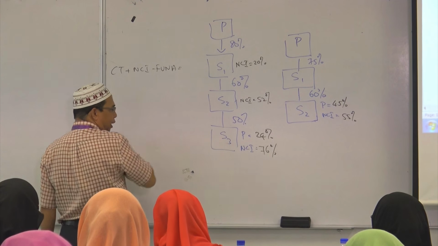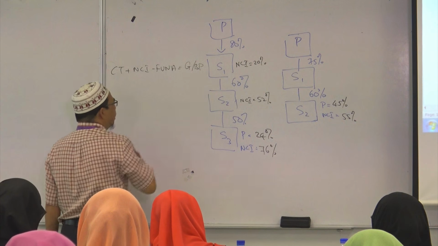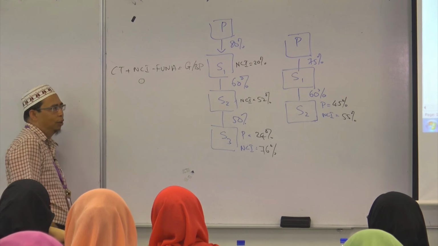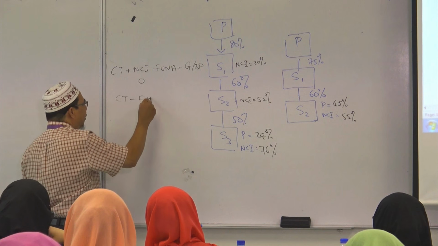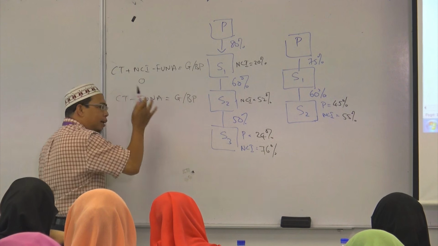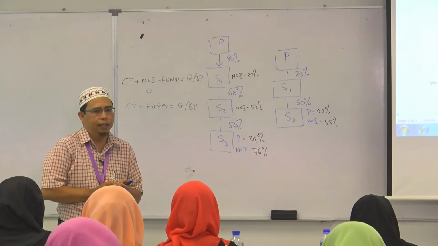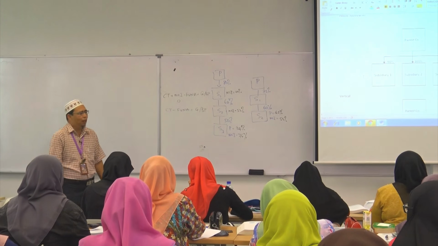So that's your goodwill or bargain purchase. But now your NCI is 0. So the goodwill will be consideration transferred minus fair value of net asset. So that's your goodwill or bargain purchase. You still need to calculate. I still need to identify goodwill or bargain purchase, even though you control 100%.